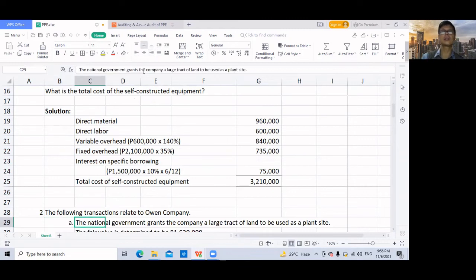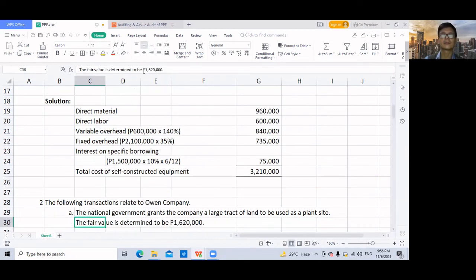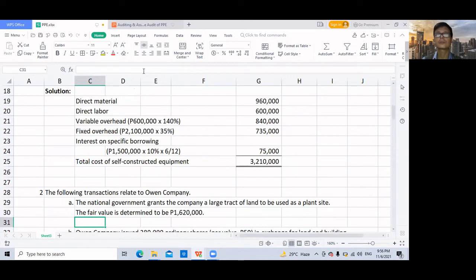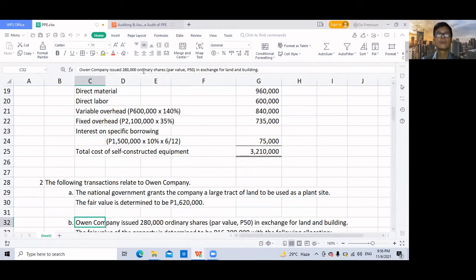So letter A, the national government grants the company a large tract of land to be used as a plant site. Being in-award sa kanila ng gobyerno, no? The fair value is determined to be 1,620,000. Okay. So paggagawa nila ng ano nila yung sa kanilang operations, no?